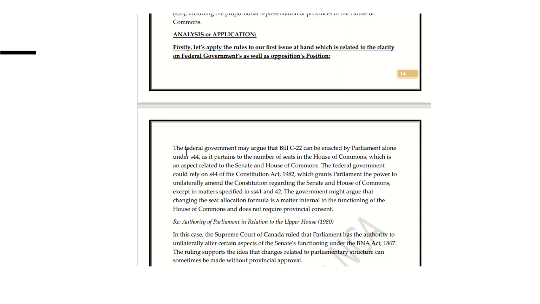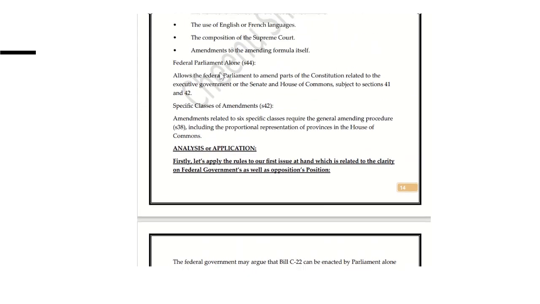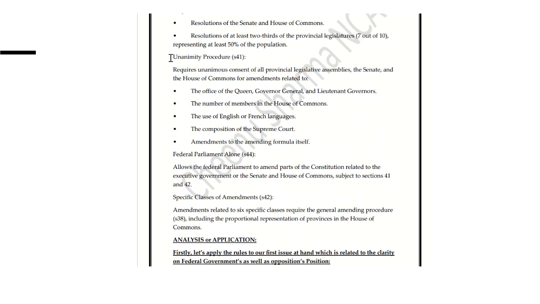For the federal government, as already mentioned in the facts, they want to enact this law without any consultation. So they may argue that they can enact the law alone under section 44, as it pertains to the number of seats in the House of Commons, which is an aspect related to the Senate and House of Commons. So section 44, here the unanimity procedure, this one.